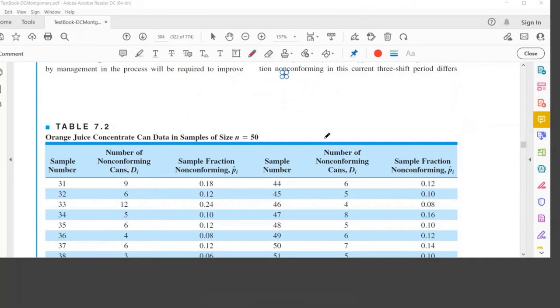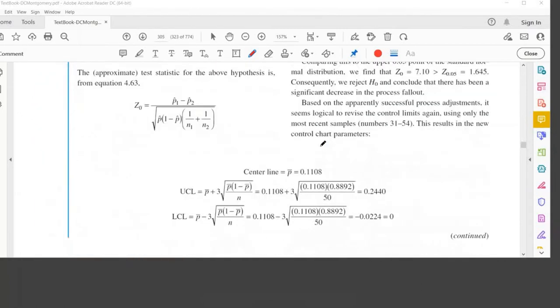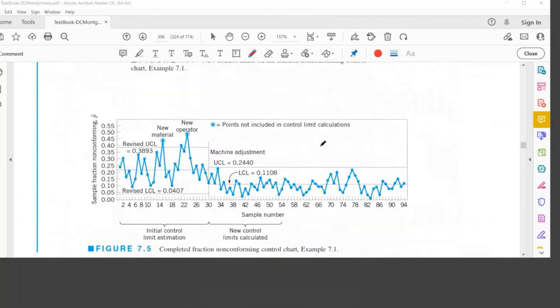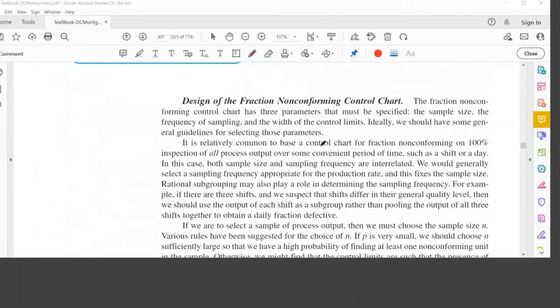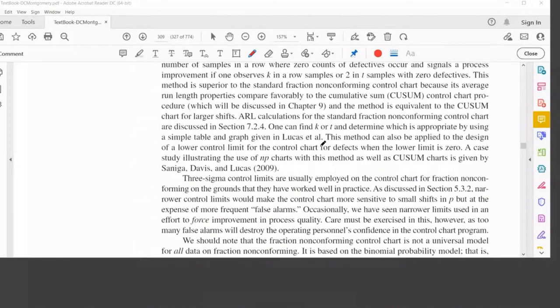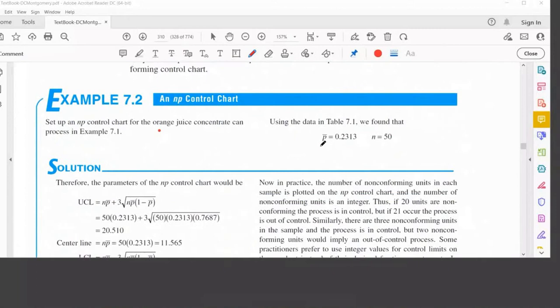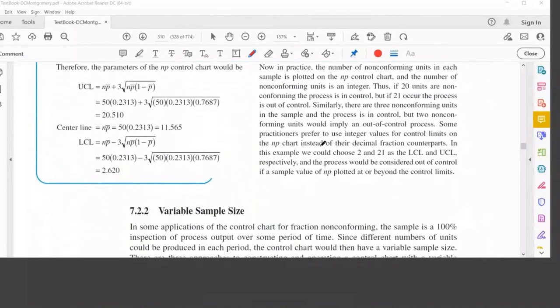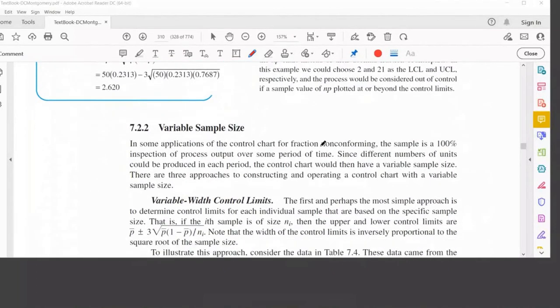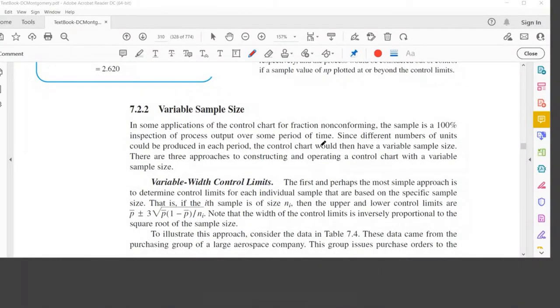Okay, so this is NP chart. What happens if there is variable sample size? It's the same situation as when we have the P chart.